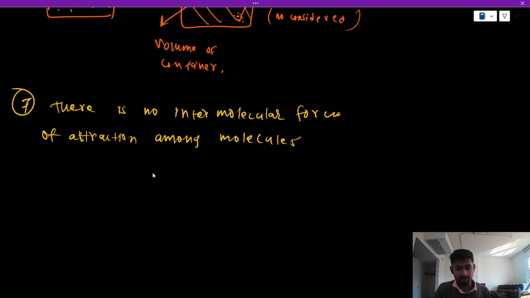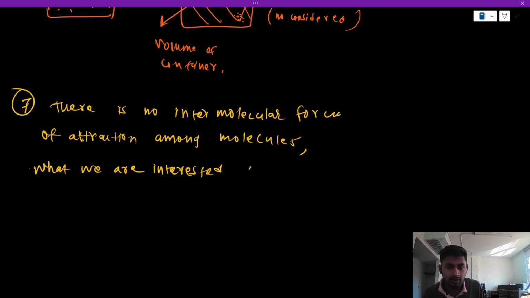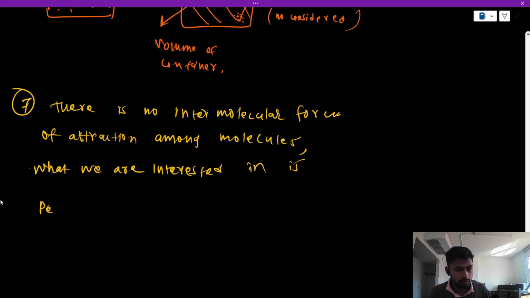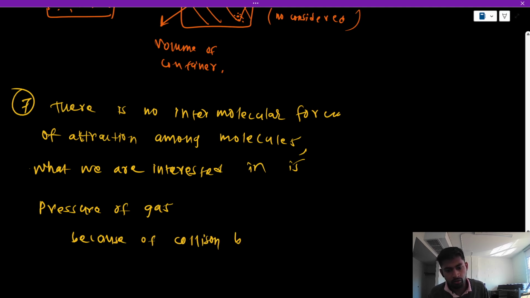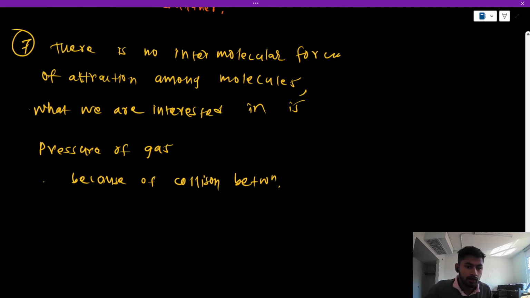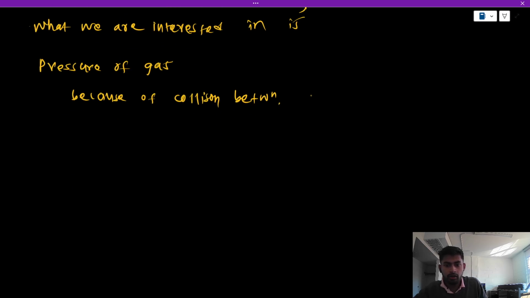However, we don't consider it in this scenario because what we are interested in is the pressure of the gas because of collision between the gas and the container.